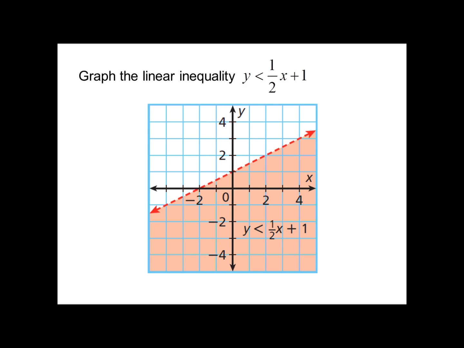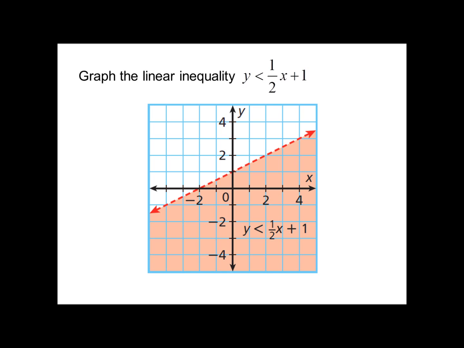Alright, let's get started. First thing we do is find 1, that's our b value, that's our y-intercept. We use a slope of 1/2, that is we go up 1, right 2, we mark the point, and we draw the straight dotted line through them. Now, if we pick a point on either side, it doesn't really matter which side we pick, I always like to use a nice easy number like (0, 0).